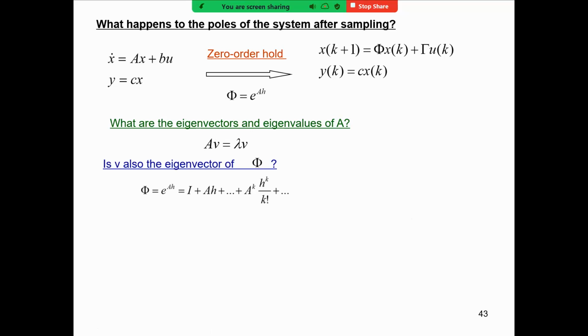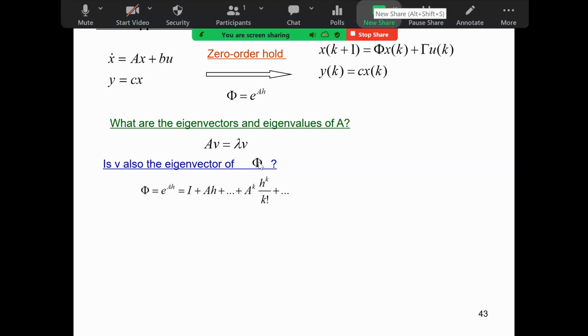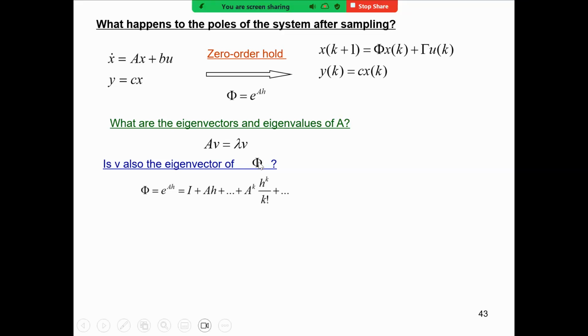For this calculation, we need the definition of the matrix exponential. Normally, those definitions are useful for theoretical derivation. Now, we use this to find out whether V is the eigenvector of phi. In order to find out, of course, we need to multiply phi by V. We want to find out whether the direction of V will change.